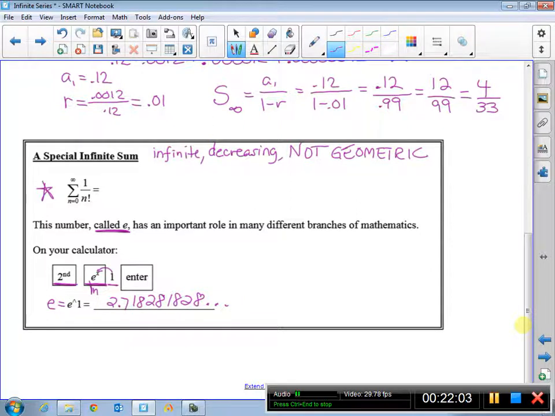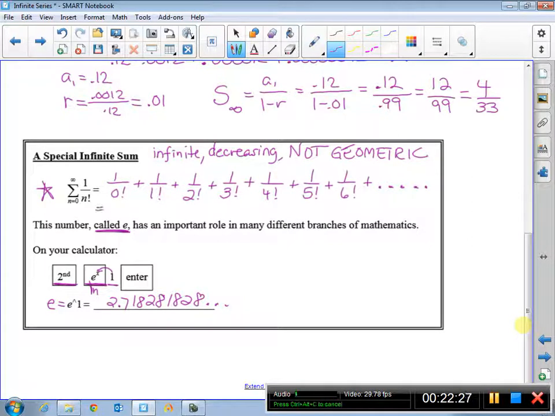But basically what it is, 1 over n factorial, as n starts at 0. 1 factorial, 2 factorial, 3 factorial, etc. Just do a couple more. And then we keep going with that pattern with the factorials in the denominator.